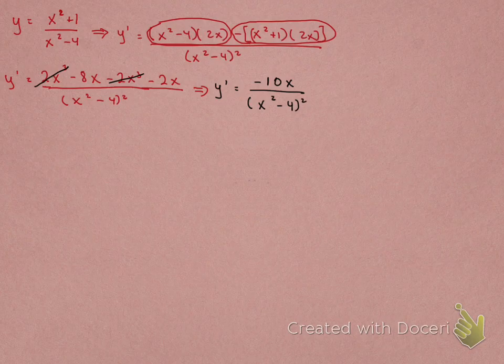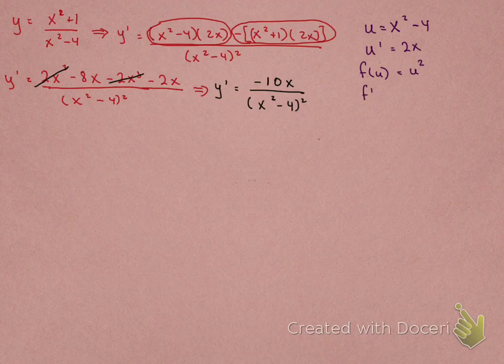Now, again, in finding the second derivative, the denominator is going to require the chain rule. So let's go over to the side and we will work the chain rule, so when we need it, we have it to plug in right away. So our u is going to be x squared minus 4. U prime is 2x. F of u is u squared. And f prime of u is 2u.